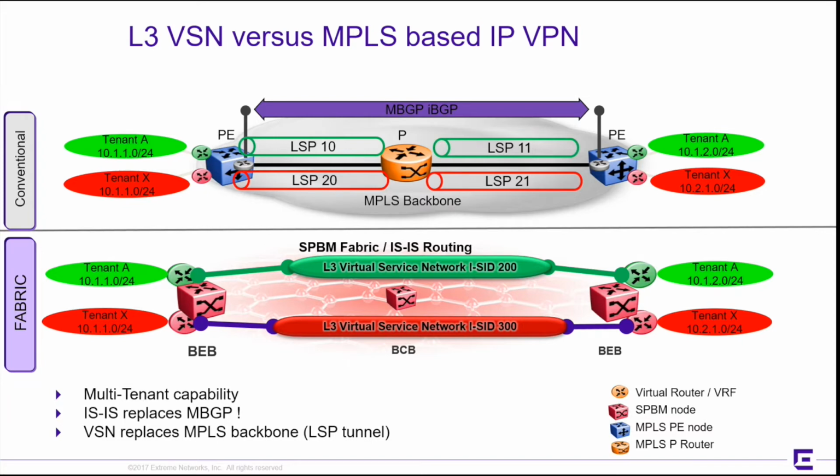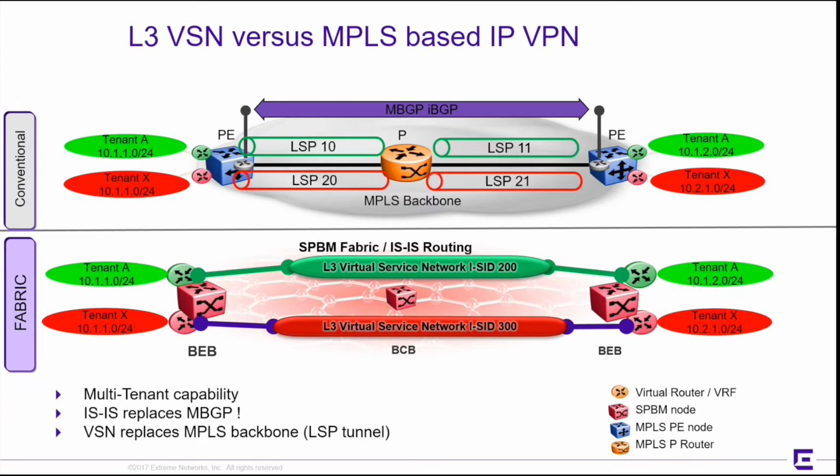Up top and down the bottom, you have the red security zone based upon I-SID 300. So A can see A across there, and it could be multiple networks, 10.1, 2, 3, 4, you name the networks. Multiple networks inside of green will all route to each other, and you configure your networks accordingly.